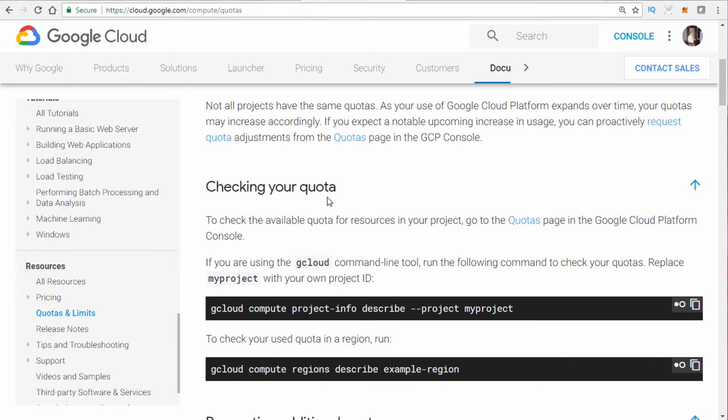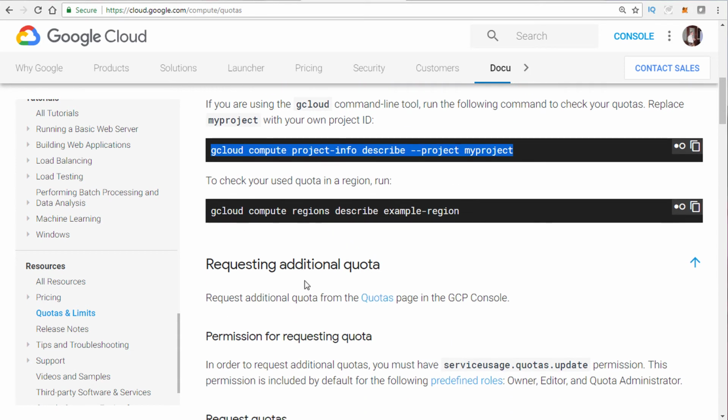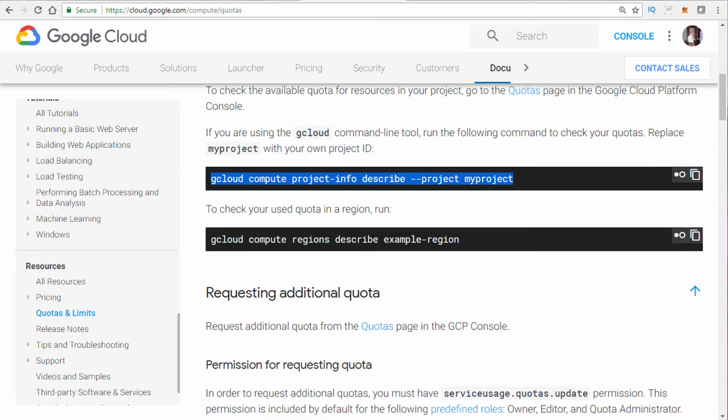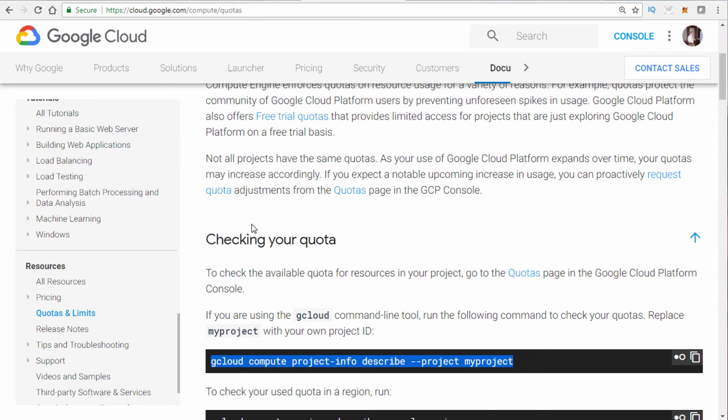Now, they do expect you to know gcloud, so do be aware that if you want to check whatever service they're asking you, it is gcloud, the service, like compute, project-info, and then describe. Okay, don't get confused by list or show. It's what? Describe. And again, you want to make sure that you are aware of this. Okay, let's go ahead and move on to the next section.